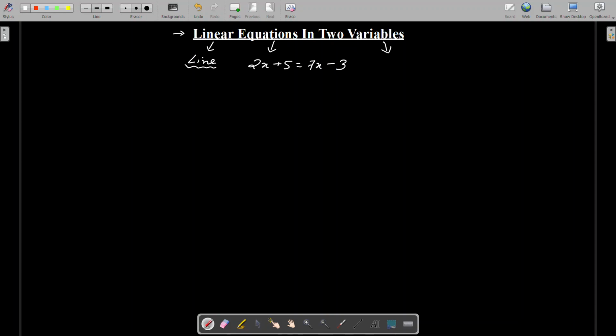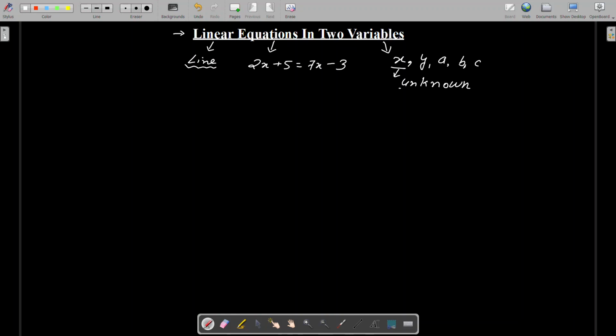Variables are something which is not a constant. For example, we take the variables as x, y, a, b, c, etc. These are the variables which we use to represent something whose value is not known. So it is used to represent unknown things.